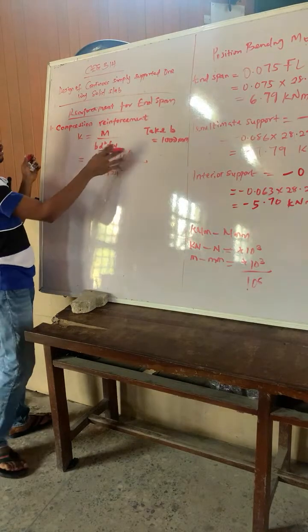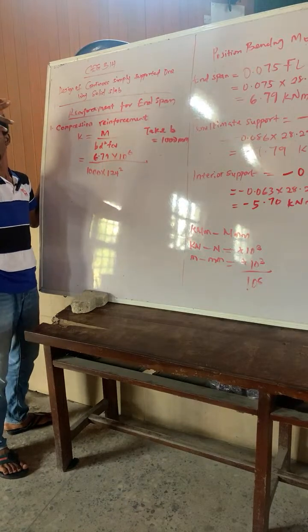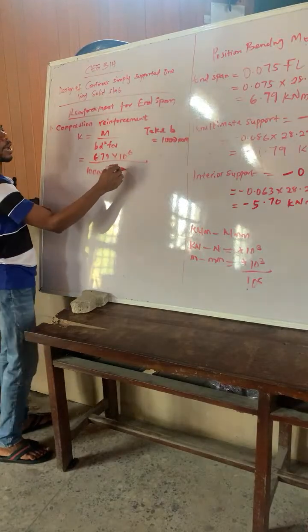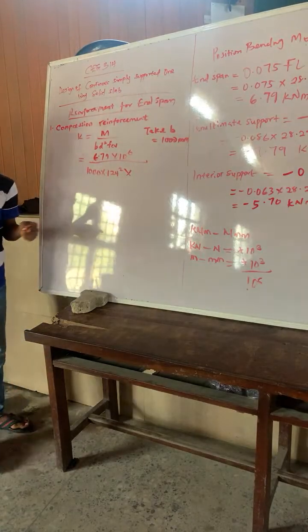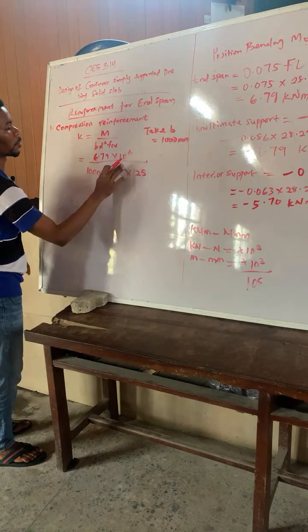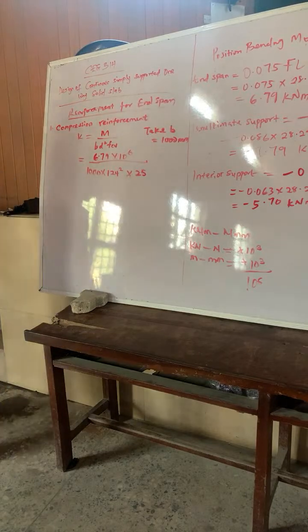That's why we converted our moment to Newton millimeter. And our FCU in the question is 25. Please punch your calculator. FCU is the characteristic strength of concrete.